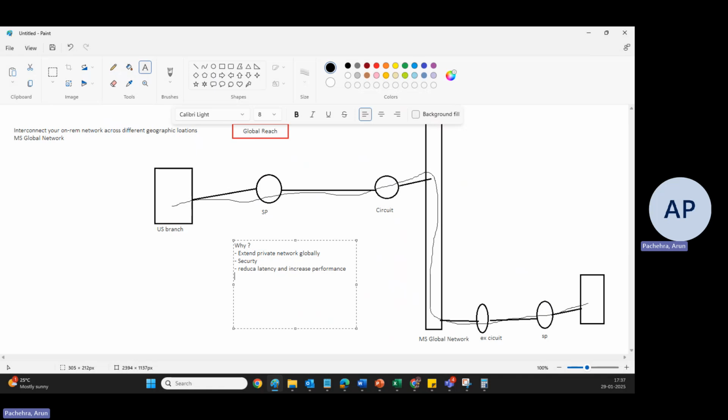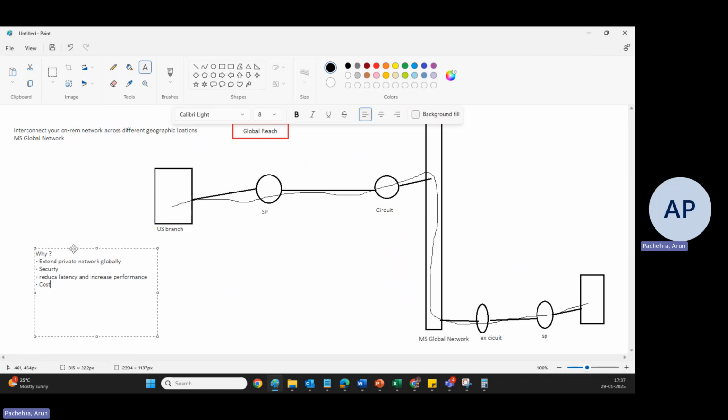And of course, cost efficiency by avoiding expensive third-party MPLS circuits for international private connectivity. Because if you're not utilizing it, you are finding different ways, and those different ways will surely be very expensive, because you have to go and talk to a multi-protocol label switching (MPLS) third party and hire them.